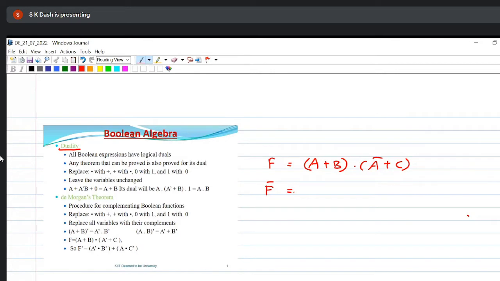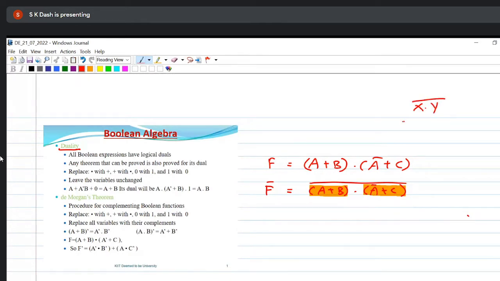To find its complement, what to do? This function is in the form of x dot y whole bar. This is x, this is y. So what is De Morgan's theorem?